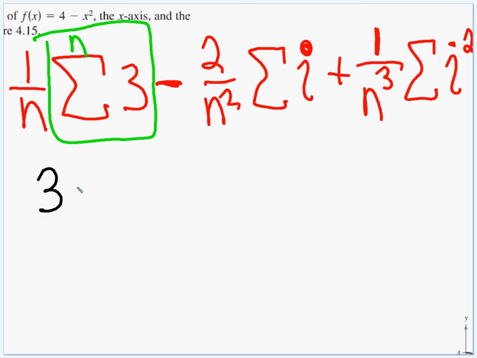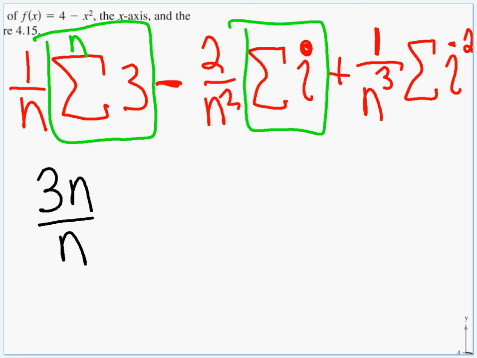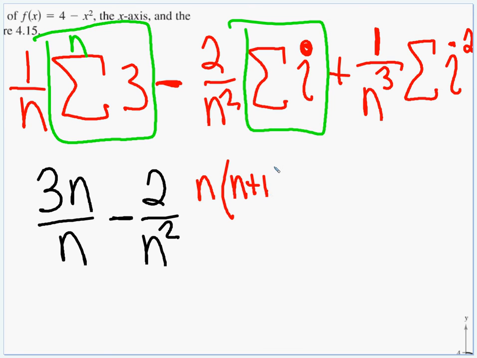So 3 times n over n is our first term. Back to green ink here. We have this summation of I, so we have a minus 2 over n squared, but that I is getting replaced with n times n plus 1 over 2.